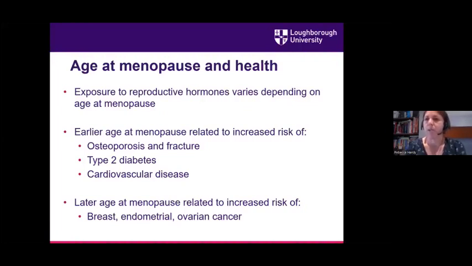And Emma talked about the cardioprotective aspects of estrogen a couple of weeks ago. However, on the other hand, later age at menopause is related to increased risk of some cancers, so breast, endometrial, and ovarian cancer. And this also makes sense because it's greater exposure, higher levels of hormones that are related to these diseases.